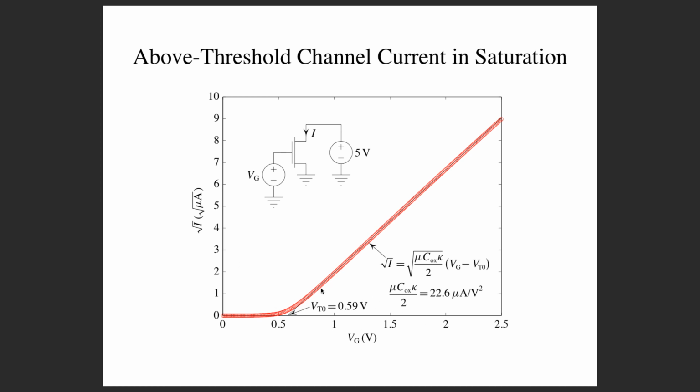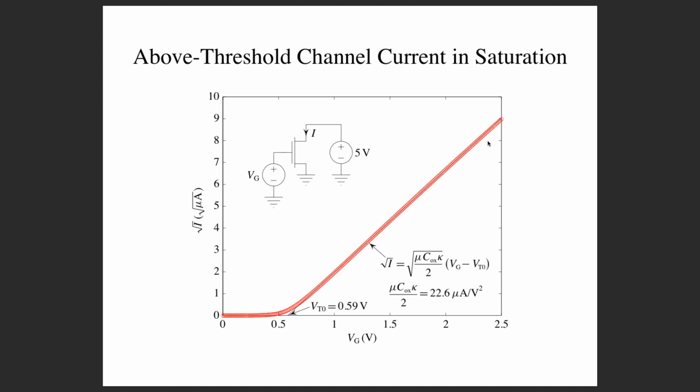You can see that we have this very nice straight line in the strong inversion region, and that indicates that we have a square law type relationship. So our model of that square relationship is pretty good.